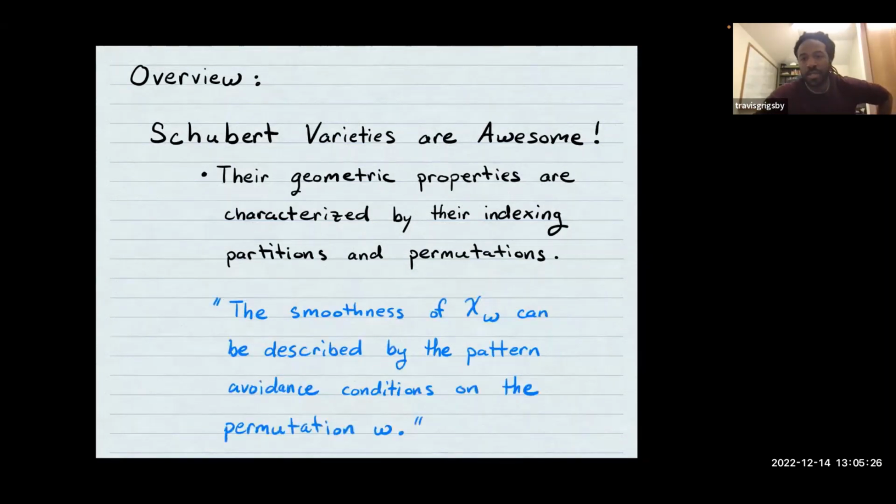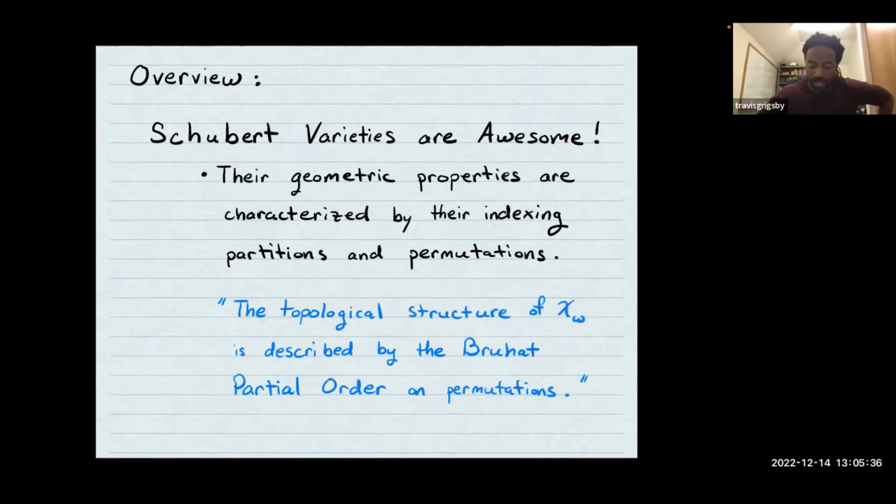Whether or not the Schubert variety is smooth can be described by the indexing permutation avoiding different patterns. And the topological structure of a Schubert variety is a CW complex and is described by taking the union over an interval in the Bruhat partial order placed on the permutation group.